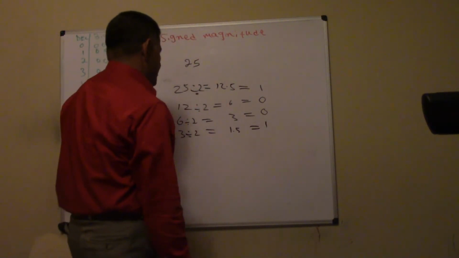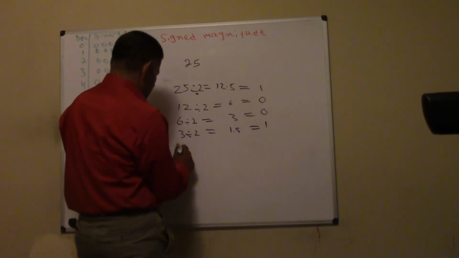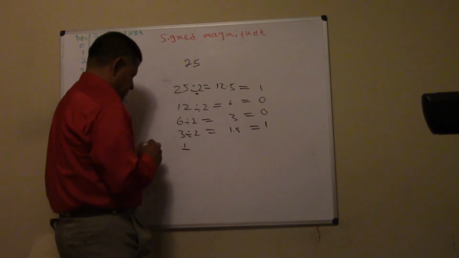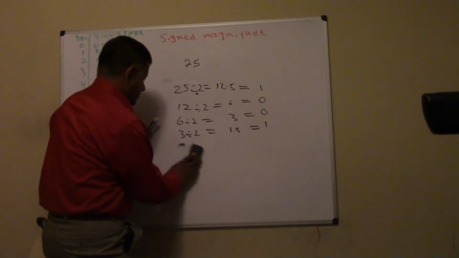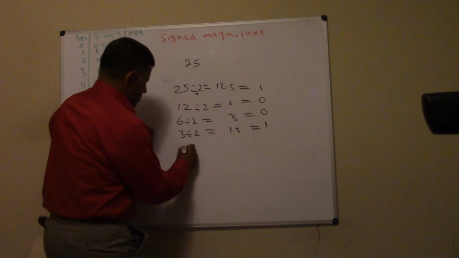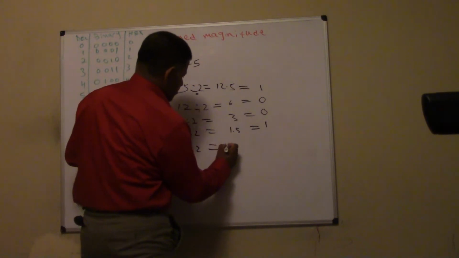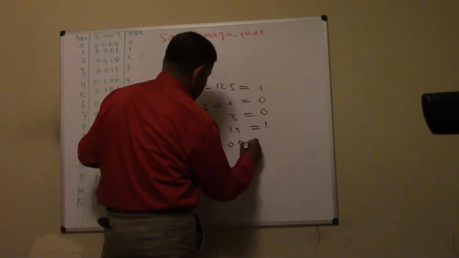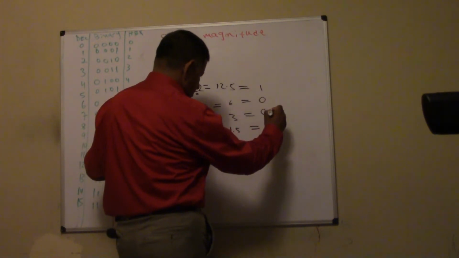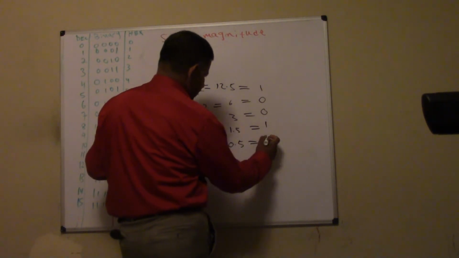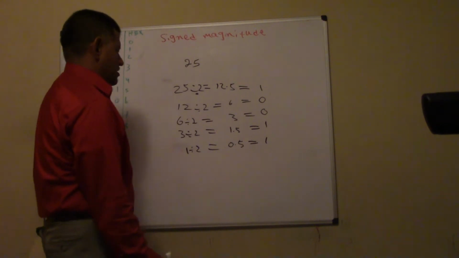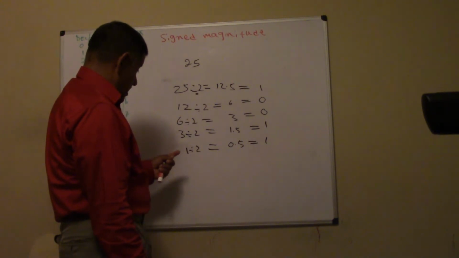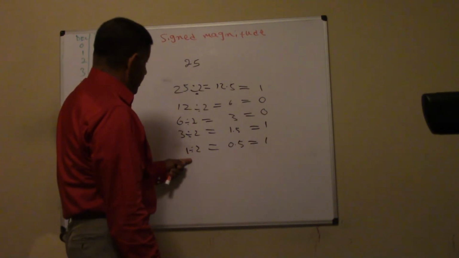Then 1 divided by 2 is equal to 0.5, which gives me a 1.